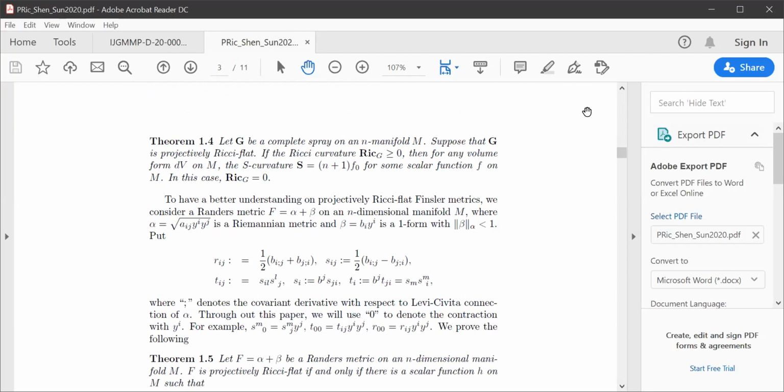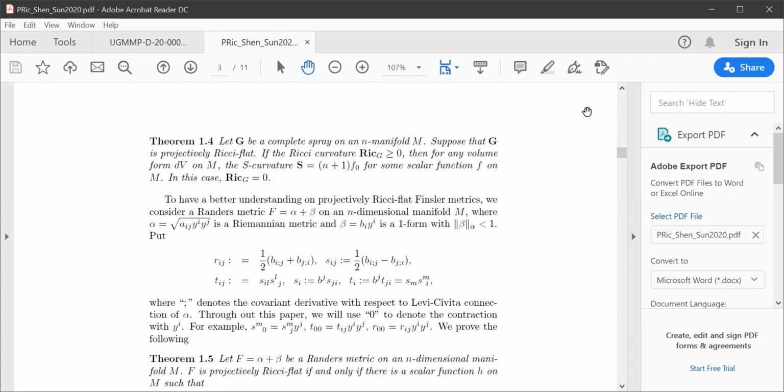It is Ricci-flat Randers, and at the same time the S curvature is 0 with respect to the Busemann-Hausdorff volume form. Then, of course, it is going to be projective Ricci-flat.